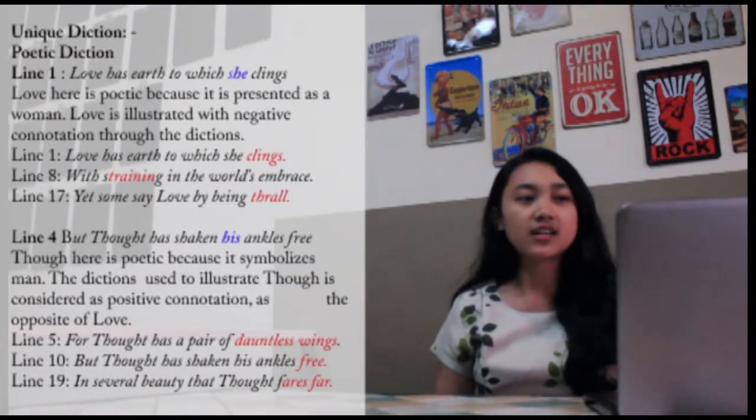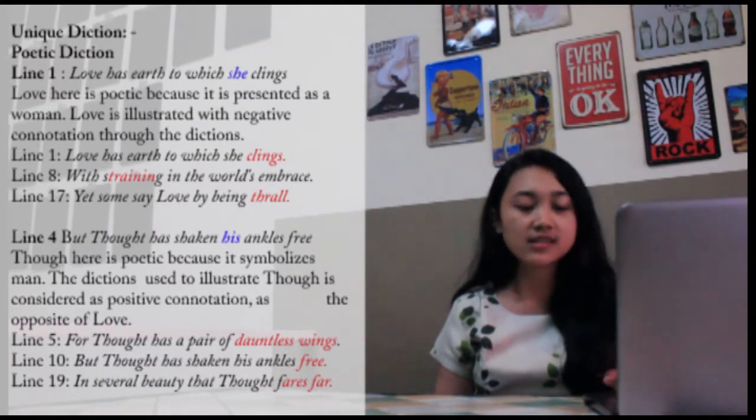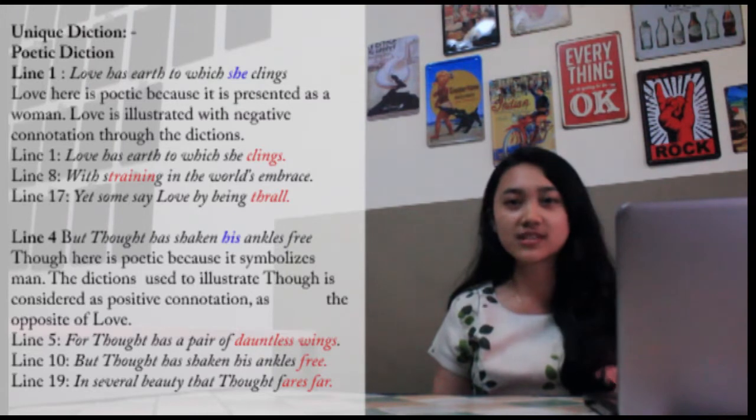Hello friends, I'm here to explain the diction that we found in the poem Born and Free by Robert Frost. From our group discussions, we think that the diction in the poem consists of poetic diction, alliterations and also repetitions.